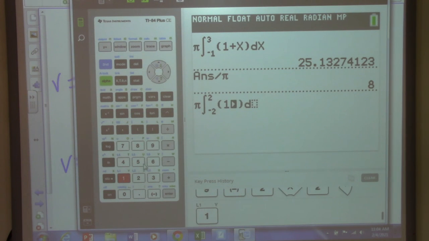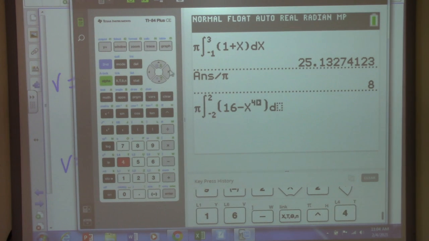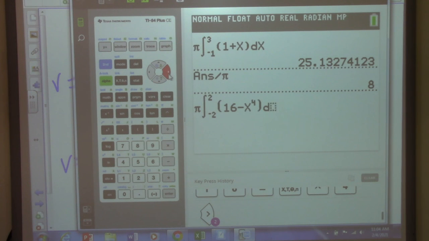But we have 16 minus x to the 4th dx. Is anything being forgotten here? Yeah, pi. Pi's right here. I'm glad you mentioned it, because that's easy to forget.